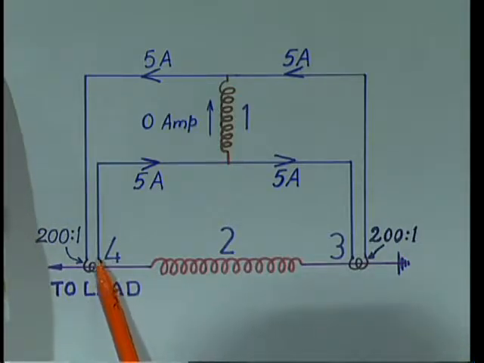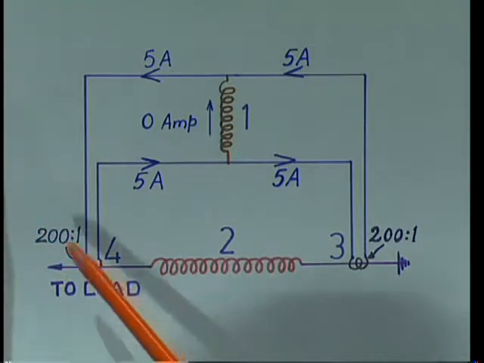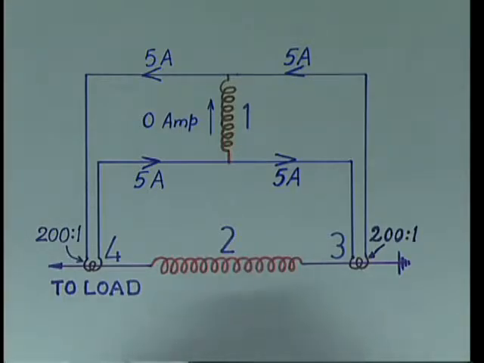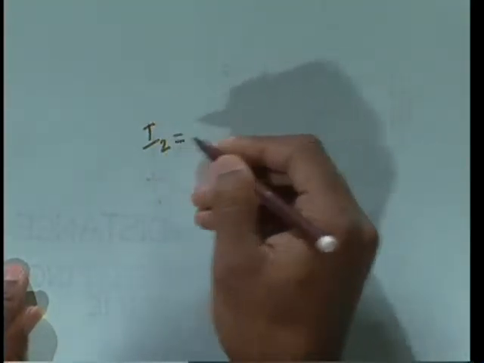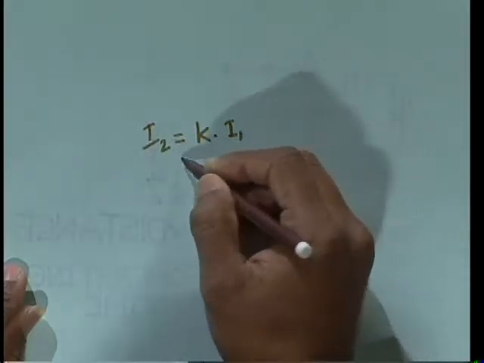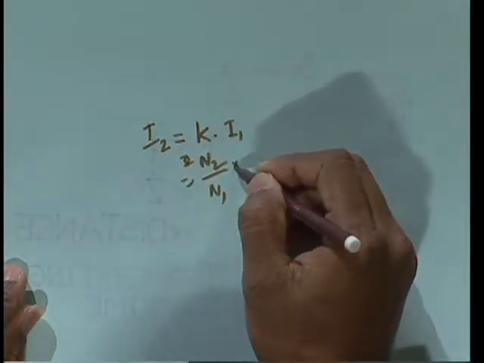Then the current in the CTs is I2, where I2 is equal to the transformation ratio times I1, that is N2 by N1 times I1.